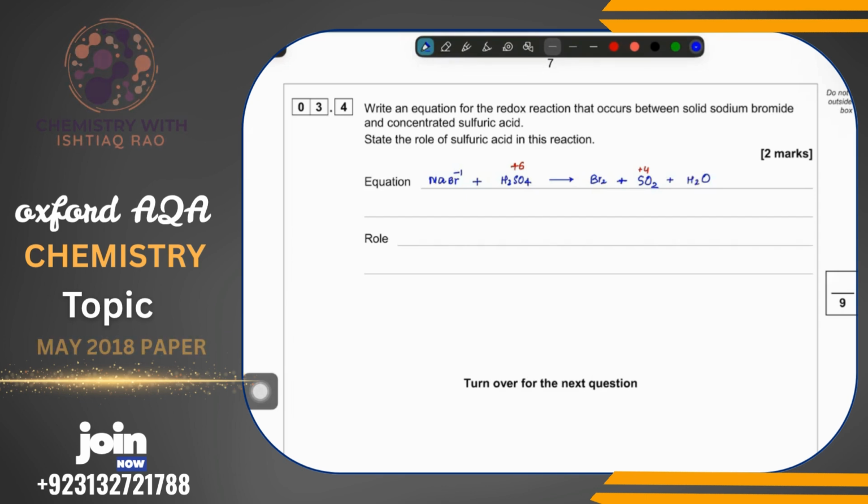Then we have to balance this equation. What about Na? We can write an ionic equation, but we can do this one as well: along with SO2, Br2 and H2O, we can form Na2SO4.